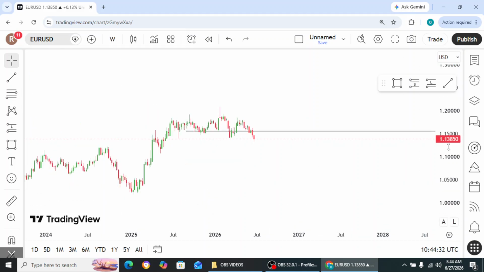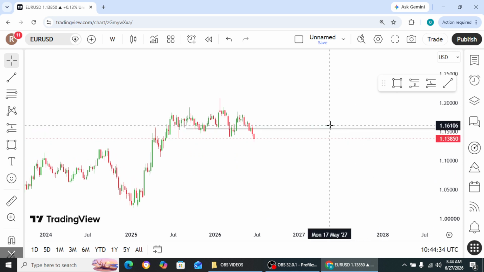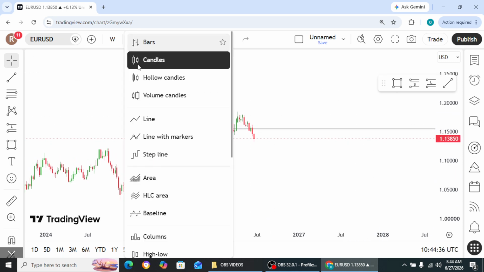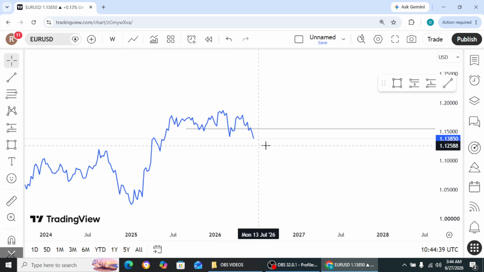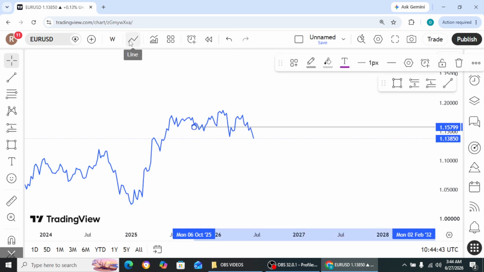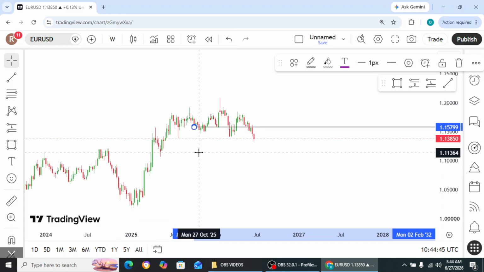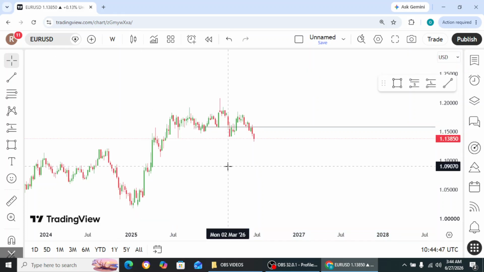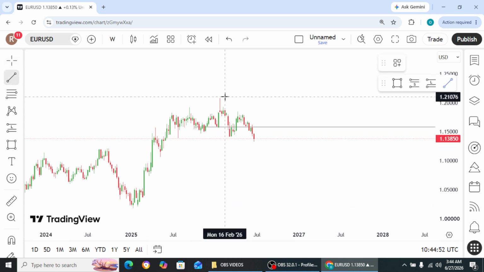you can see that the market is giving us all the signs of movement to the downside. We're trying to get our weekly outlook, don't forget. So what can we do?